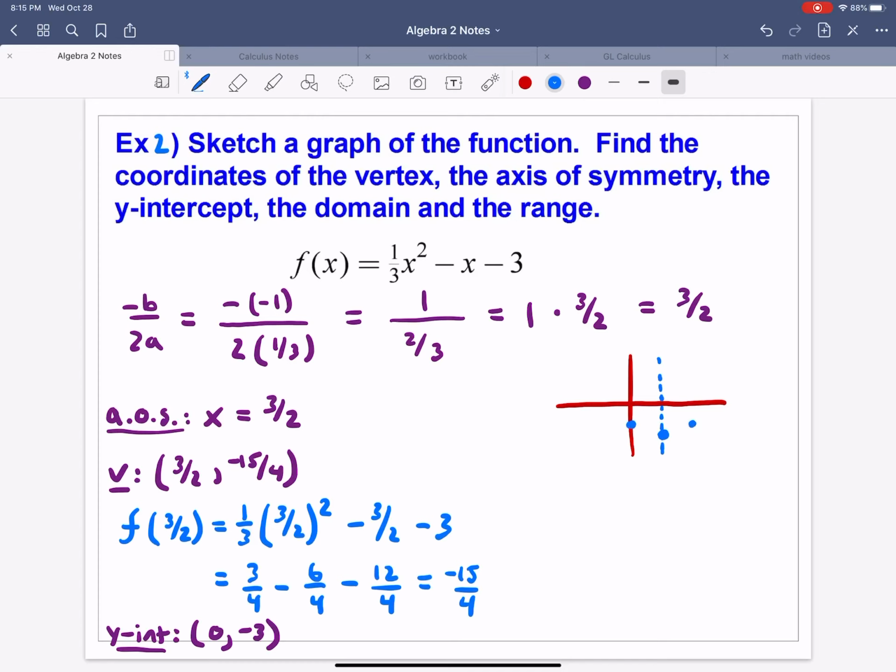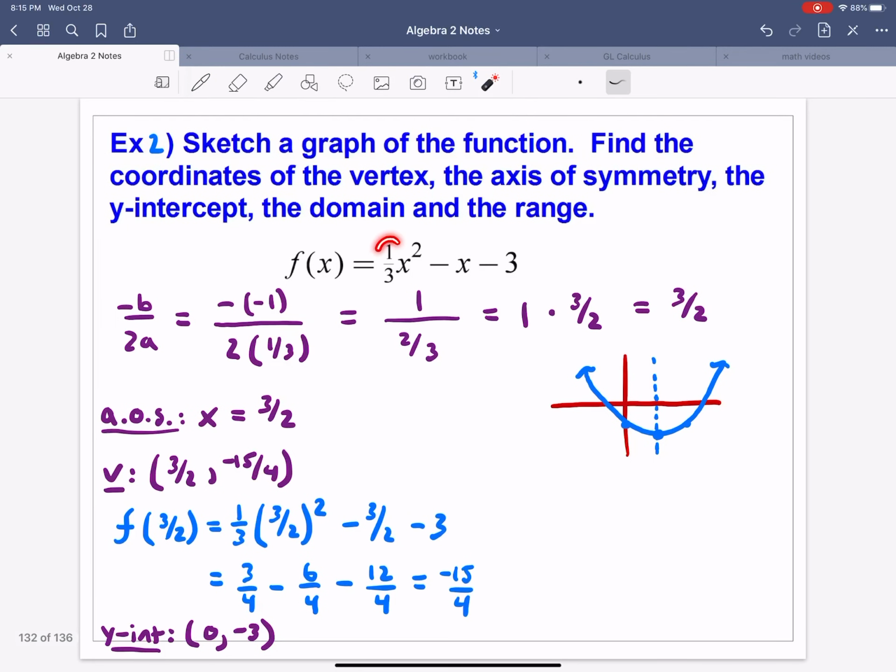So you can tell that that parabola is going to open up, and it's going to be kind of wide, which is fine. Remember from the last problem, a trick to know if it opens up or down is you look at the a value. The a value is positive here, therefore you know it's going to open up. So the last attributes that you need on this graph are the domain and the range.